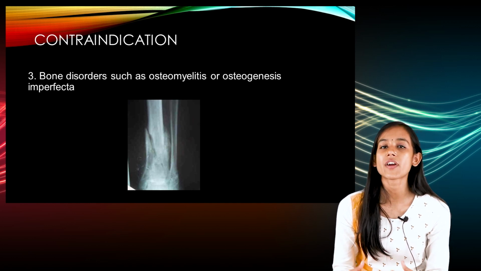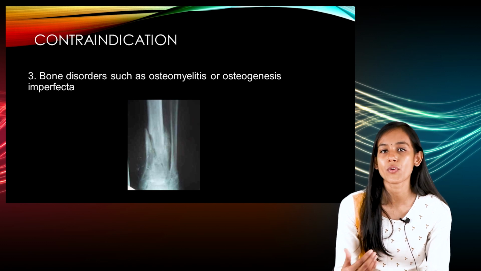In these conditions also, the child won't be advised to go for bone marrow aspiration. So now we understood the meaning of bone marrow aspiration, in which cases we should do it, and which conditions are contraindicated.